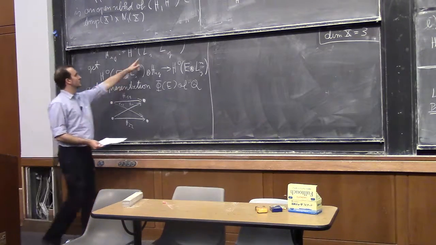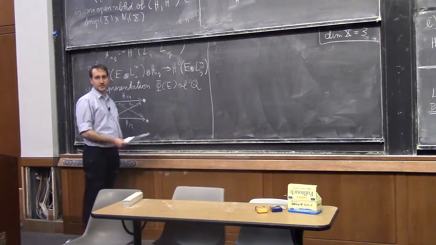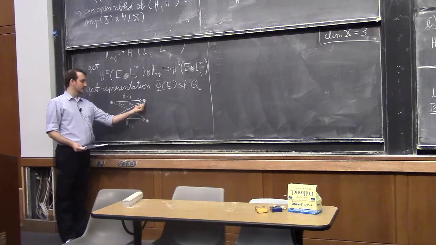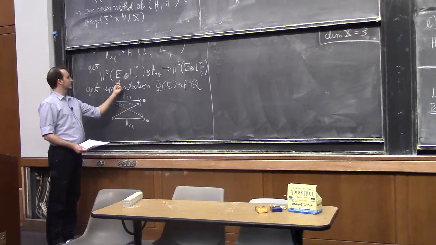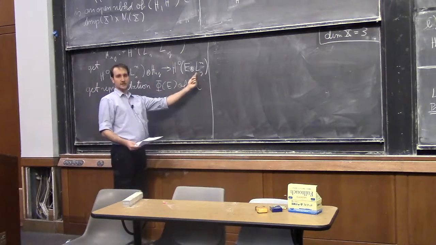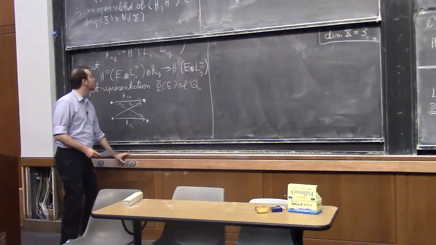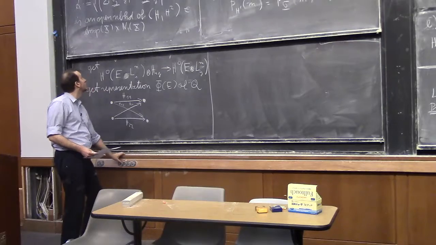For every n bigger than or equal to n, I can get the representation of a quiver, and what changes is the dimension of the vector spaces I put here, which you can compute. These are just the dimensions of these H⁰'s, which you can compute.